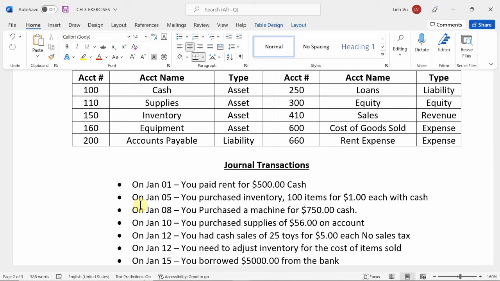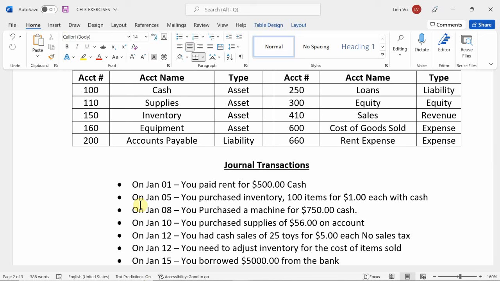Now, did I increase my liabilities? Meaning, do I owe more money? Or am I decreasing accounts payable? Am I increasing my accounts payable, meaning I owe more money? Or am I decreasing my accounts payable, meaning I'm paying off what I owe. Increase.